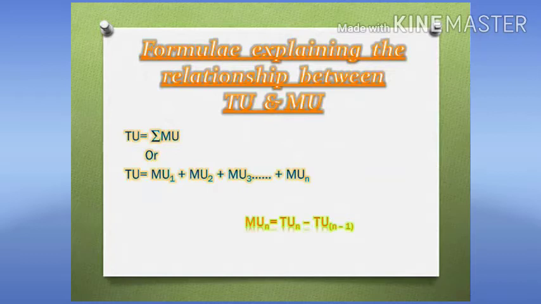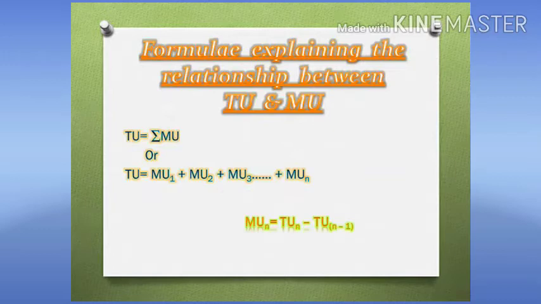Thus, addition of all marginal utilities gives total utility, or TUn equals MU1 plus MU2 plus MU3 plus ... MUn.